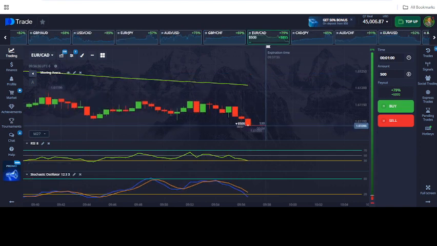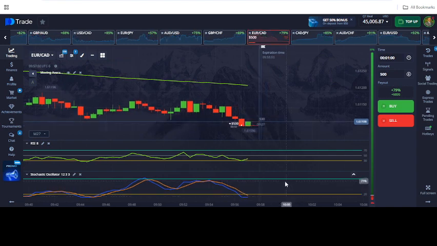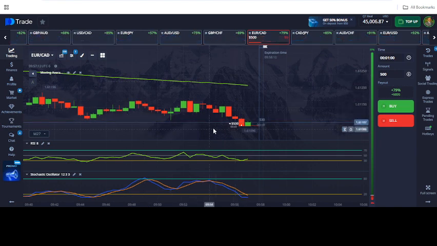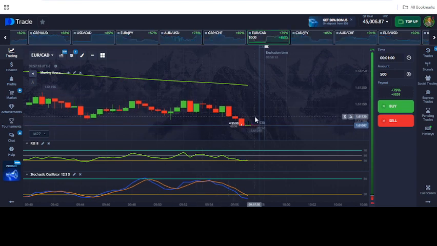Okay, so I'm on the Euro Canadian dollar, and I just took a sell trade here. The reason why I took the sell trade is, first of all, the candles are printing below the 150 EMA line, suggesting a bearish price action to the downside.